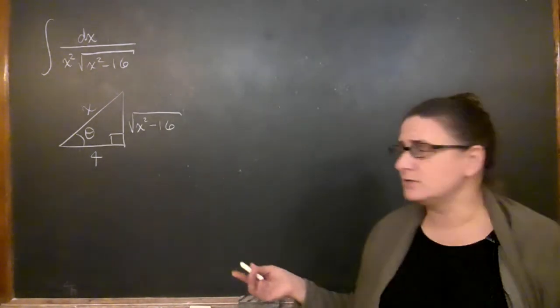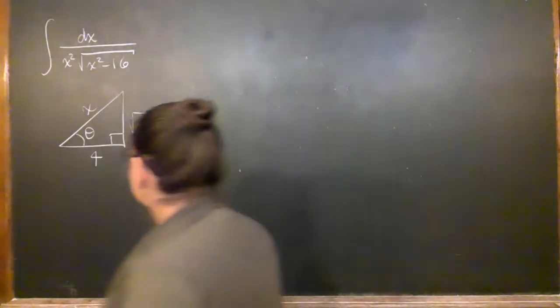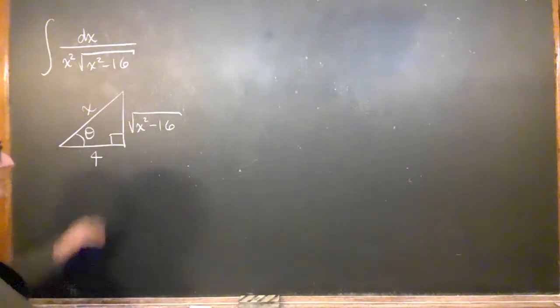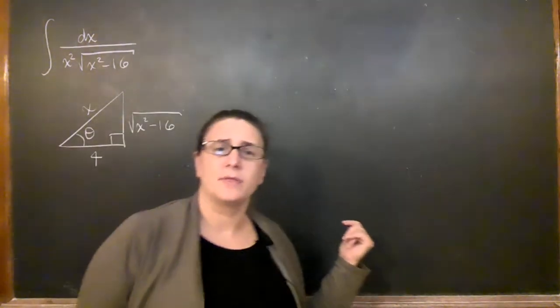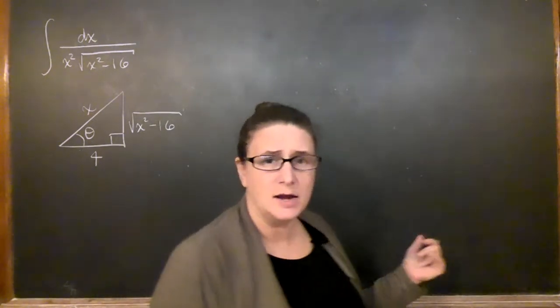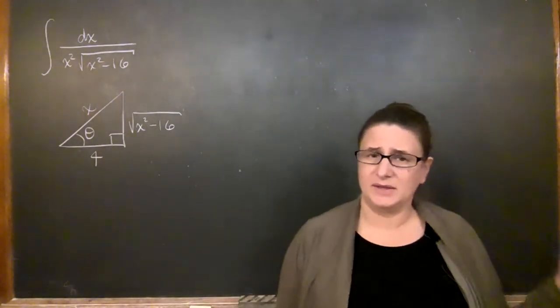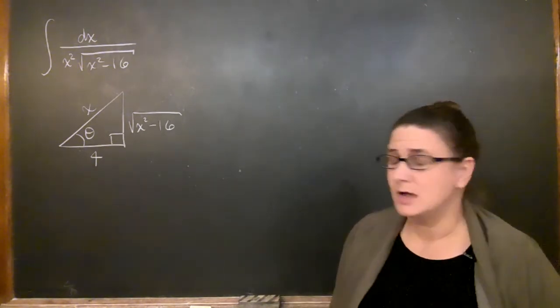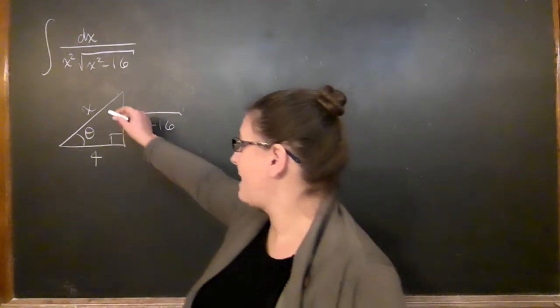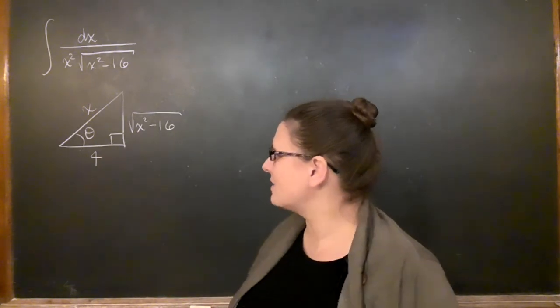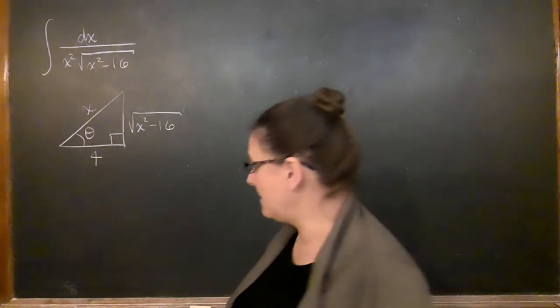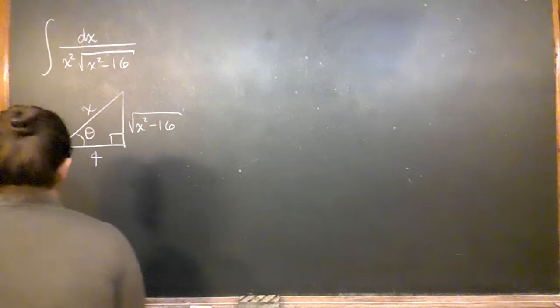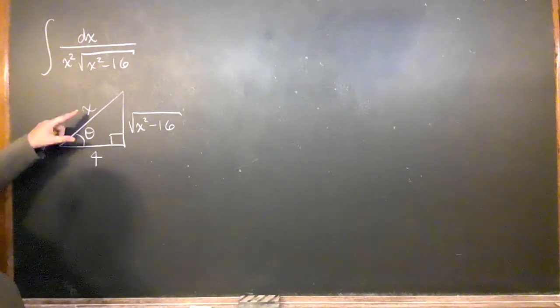Very similar situation here. The way I set this up, in order to figure out my relationship between x and theta, of course, I don't want to pick the square root. I want to pick the most simple thing. The simplest thing is going to be with x and 4. But now I've got the x on the hypotenuse, right? So what's the relationship between these two?